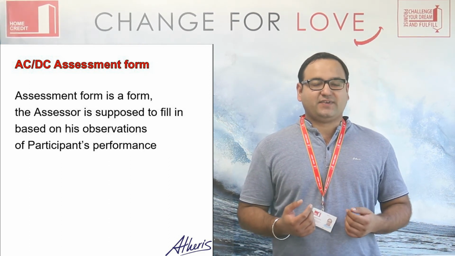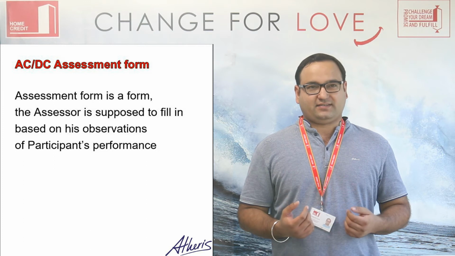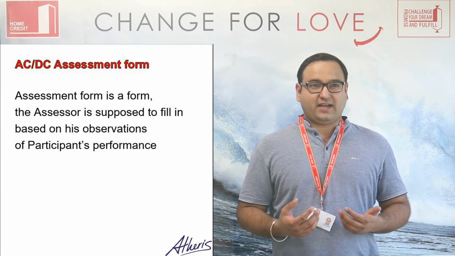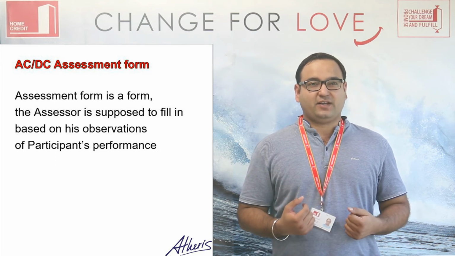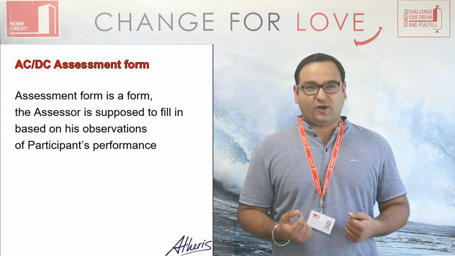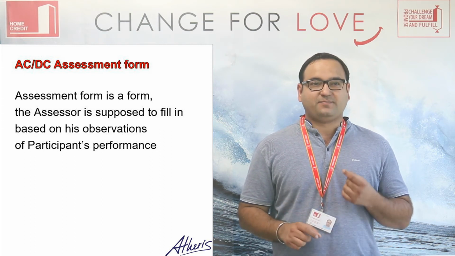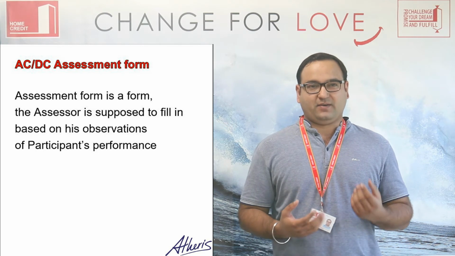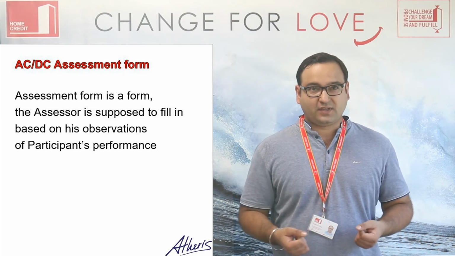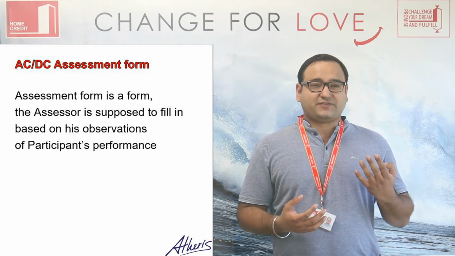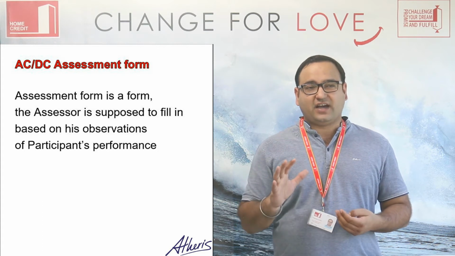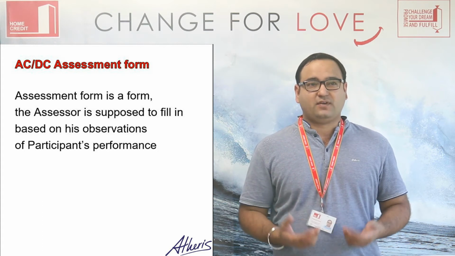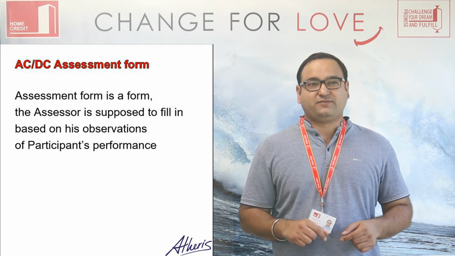Folks, it is very important to remain unbiased in the assessment center. That's why each of your participants will not be called by their names or employee codes. They will have participant codes like P1, P2, P3, P4. Now, on all these 4 competencies, based on these 5 ratings, where will you score them? For that, you have the assessment form.